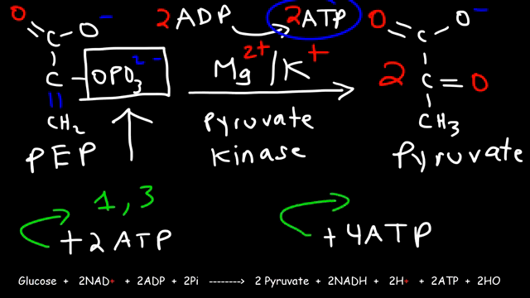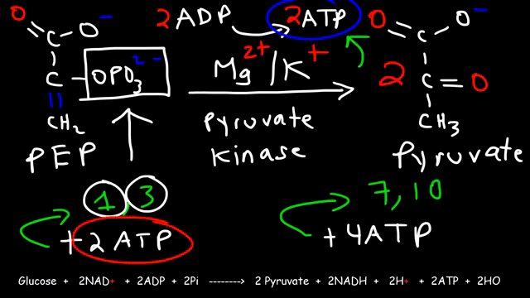Now, these 4 ATP molecules, they're found in step 7 and 10. So remember, you need to double it. So in step 7, we generated 2 ATP molecules, and in step 10, we generated another 2 ATP molecules. In step 1, we used up an ATP molecule, and in step 3, we used up another one. And so we had a loss of 2 ATP molecules, a gain of 4, so we have a net gain of 2 ATP molecules in glycolysis.